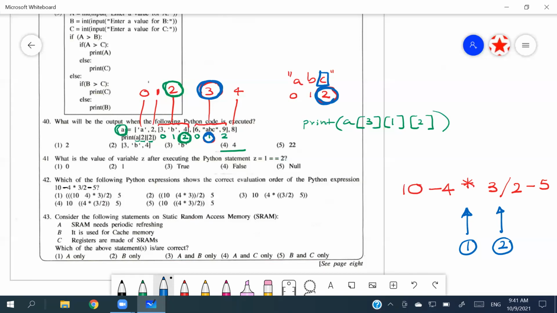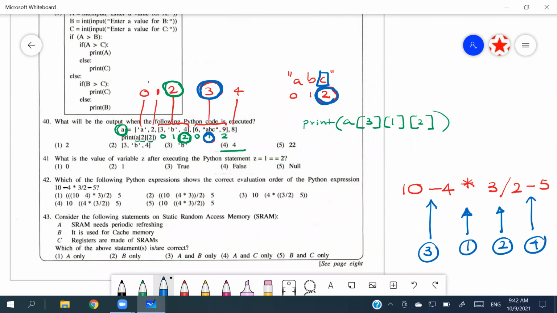Once we deal with those two, then we have these minuses. This is the third operator and this is the fourth operator, right? So if the operators are on the same level, you start from the left side and see which comes first. That will be considered the highest priority. So multiplication gets the highest, then division gets the second highest, right?